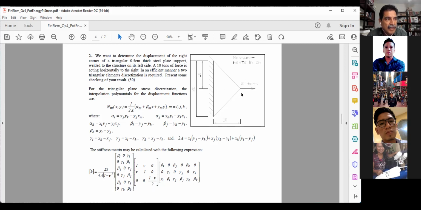What else can you say, Mr. Carrillo, about the motion of this point? Only in X, doctor. It's correct, but why do you expect it to be only moving in X? Can you explain why you expect this point to move only in the X direction?